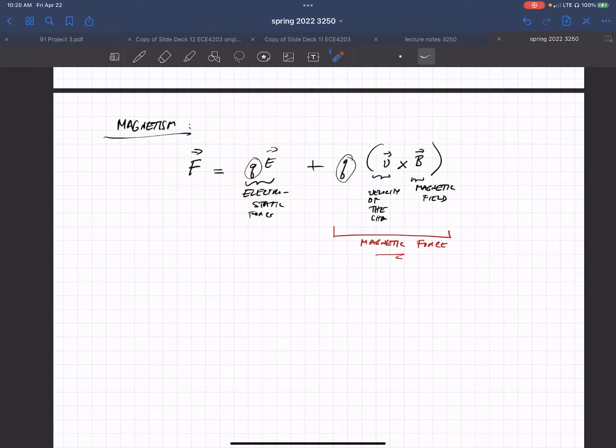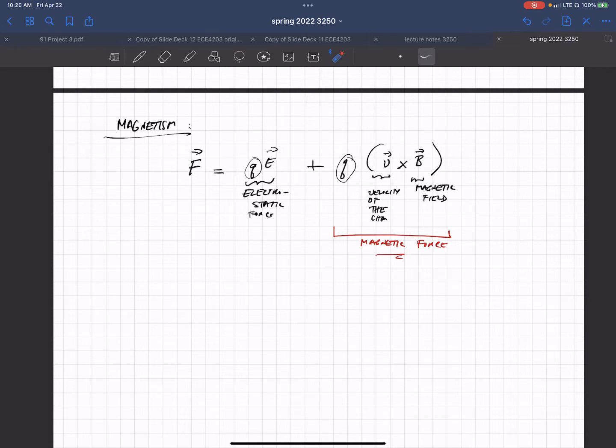The charges that create the force, and the things that the force is acting on, could all be stationary. There's a vector associated with the electric field, but the charge itself, whatever is generating the electric field, is just a unit charge sitting somewhere. It doesn't have a direction associated with it.